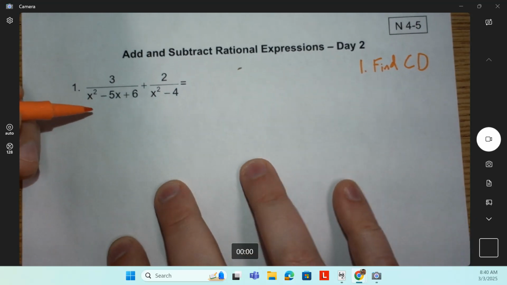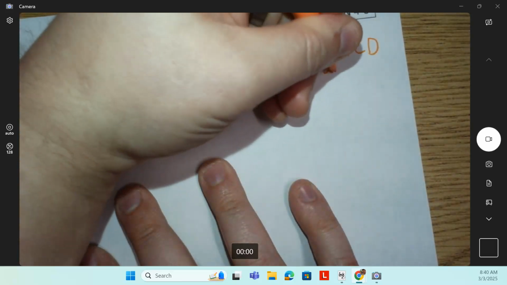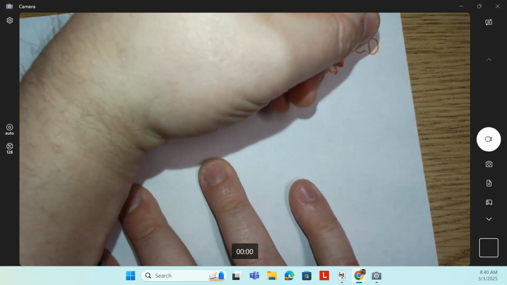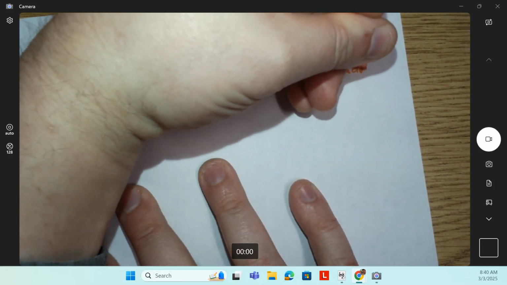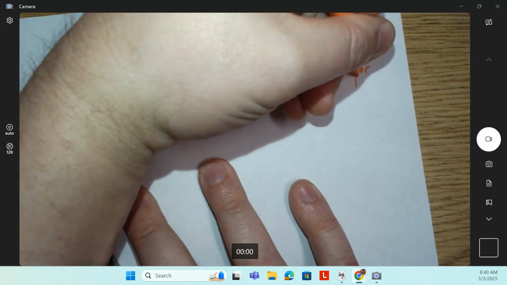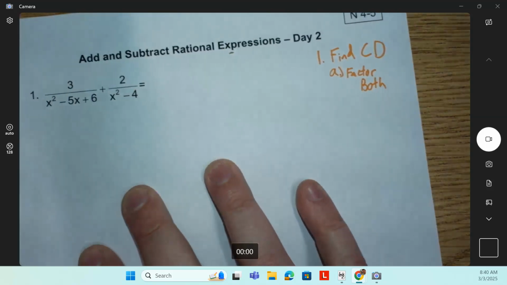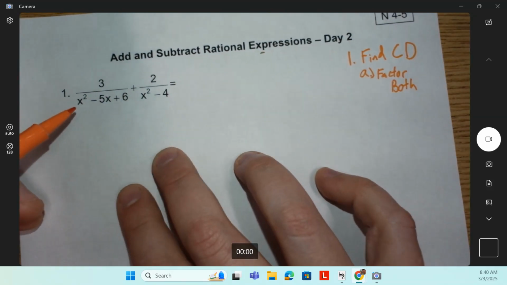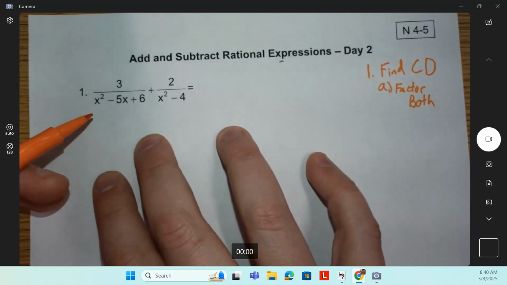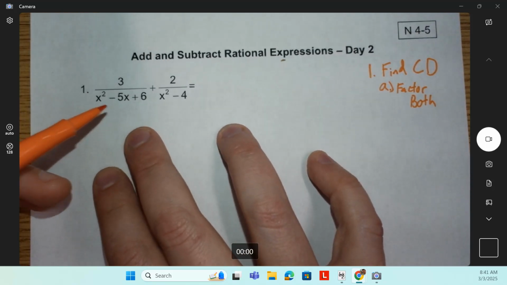That's going to involve factoring both if possible. So for this, I'm going to factor x squared minus 5x plus 6.